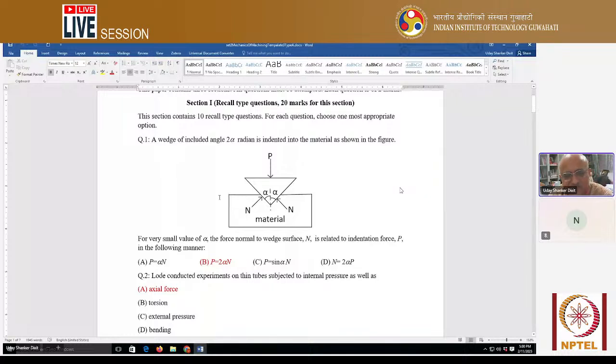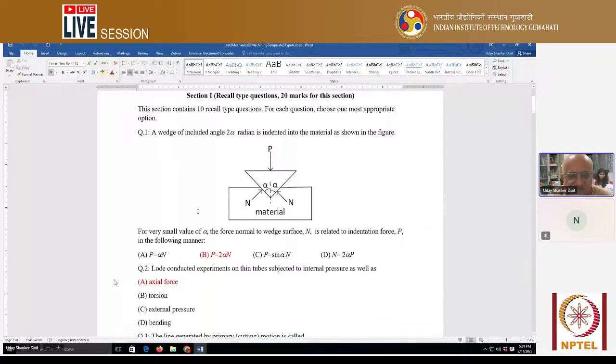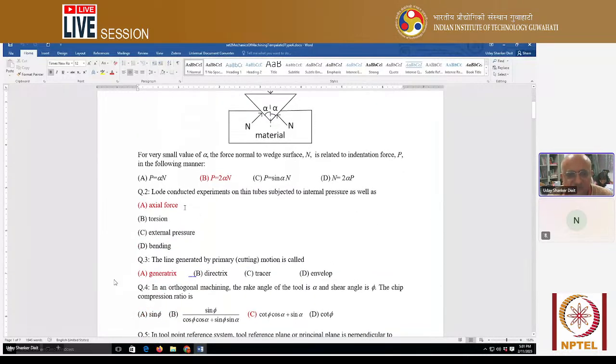We are telling that it is a very small angle, so sin alpha is approximately alpha, because alpha is in radians. Therefore N is equal to P by 2 alpha. If there is any difficulty, then during the interaction or in the assignment, you can ask for a detailed explanation and we can send it. But it is not very difficult.